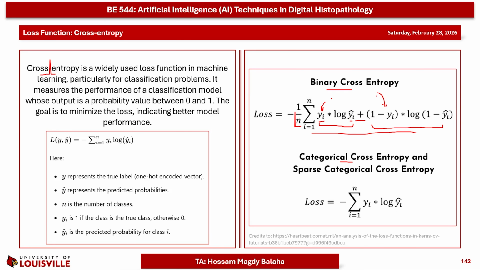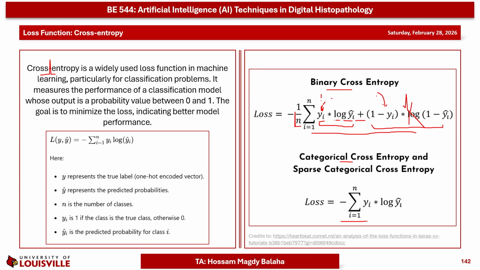So if you are dealing, let's say, with an instance with a ground truth or an actual label of class 1 with a value of 1, then you will multiply the logarithm of the prediction of this instance by 1, plus (1 minus 1) multiplied by the other term will be 0, so this part will be neglected. So simply one of those factors or parts will be selected depending on the ground truth.